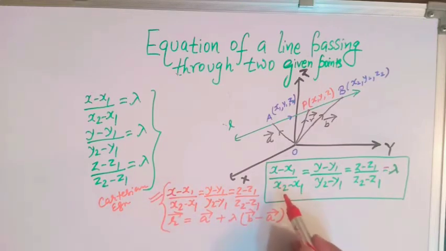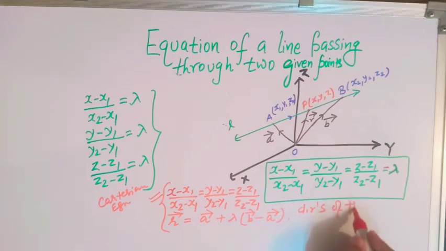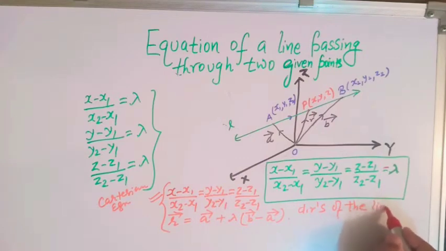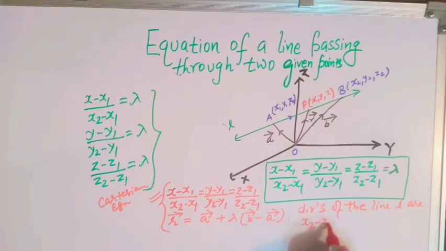Here viewers, there is one important thing: the direction ratios of this line L are x2 minus x1, y2 minus y1 and z2 minus z1, right?